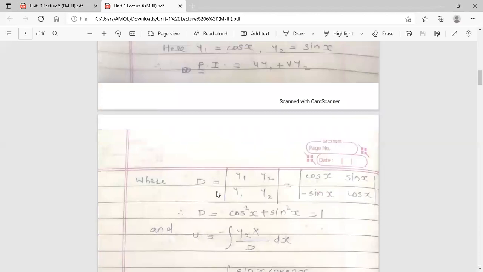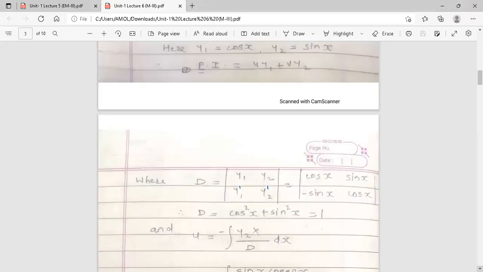D is the determinant with y1, y2 in the first row and y1 dash, y2 dash in the second row. Y1 dash is the derivative of y1 and y2 dash is the derivative of y2.